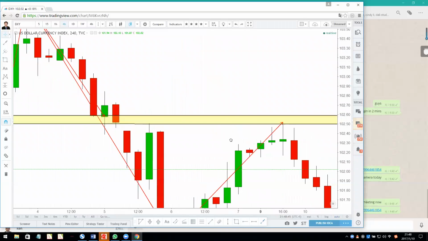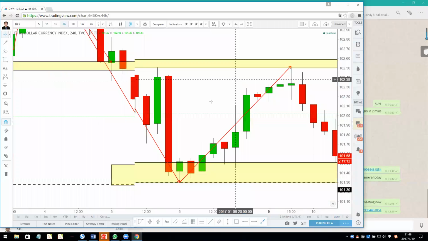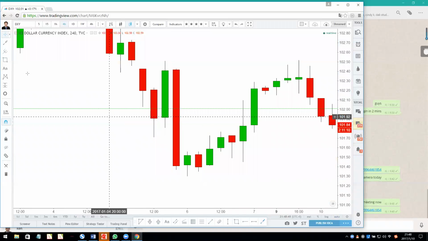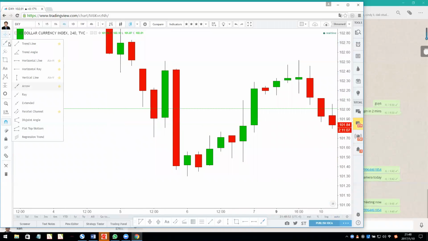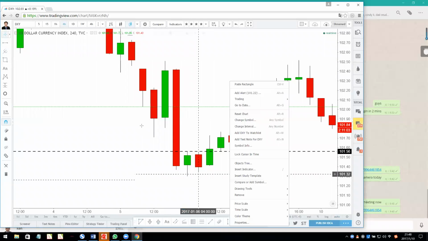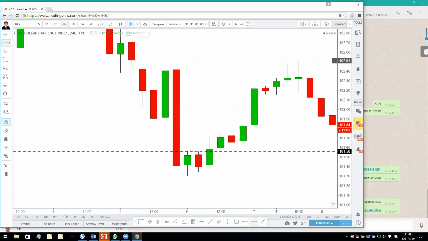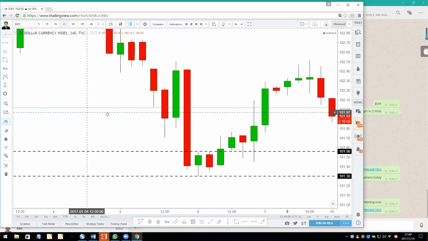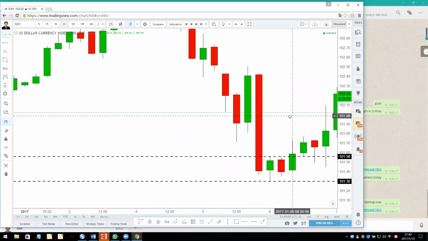I know that some of you are new to structure trading. Simon asked me how to really classify a structure. Well, you draw a horizontal line here, and you define a structure. Why? Tell me why.